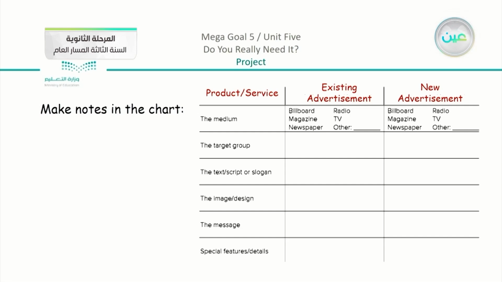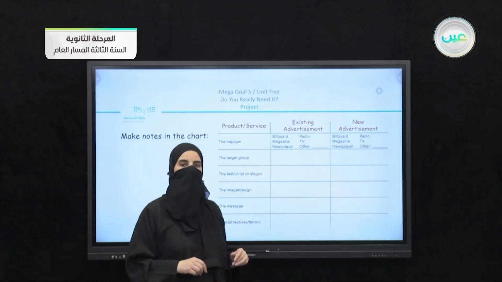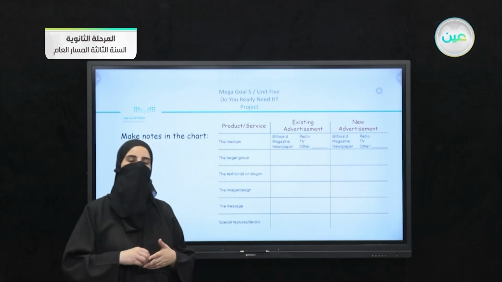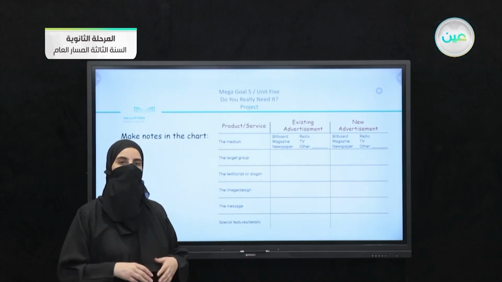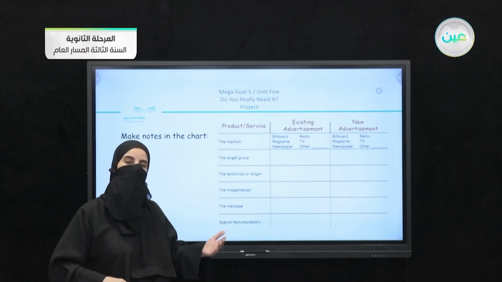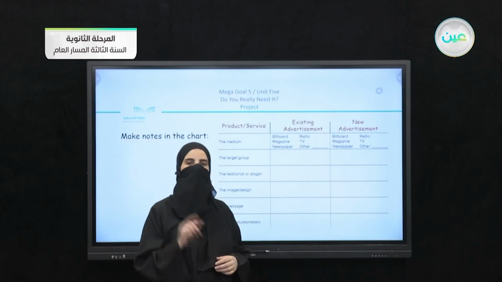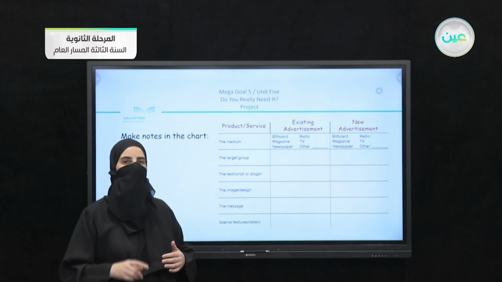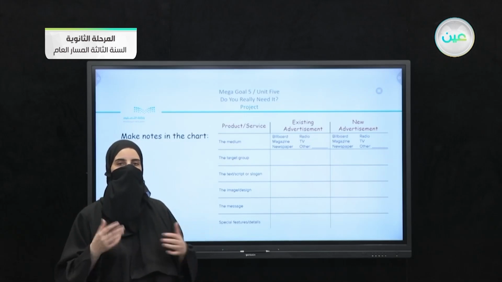After that, it comes your turn. You are going to think about the new advertisement, which is going to be basically the same product. You are going to have one product. You are going to turn the existing or old advertisement into a new advertisement which you have chosen. You can change the script, the message, the complete design if you wish.